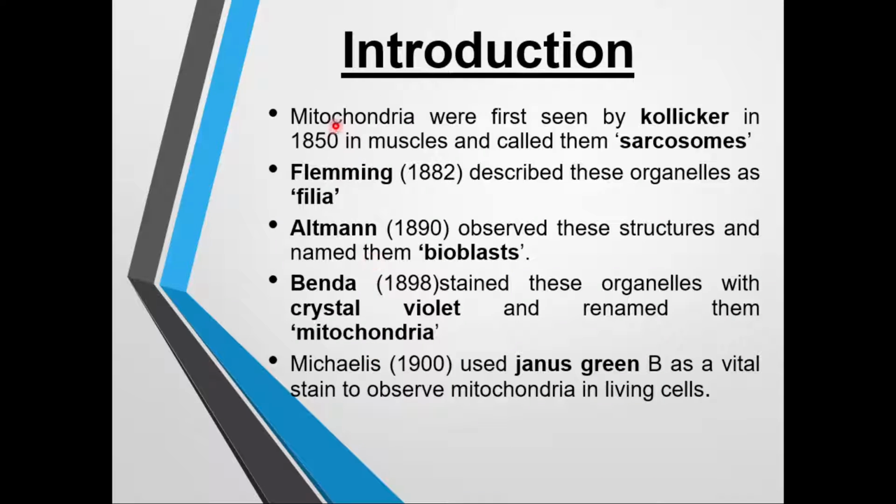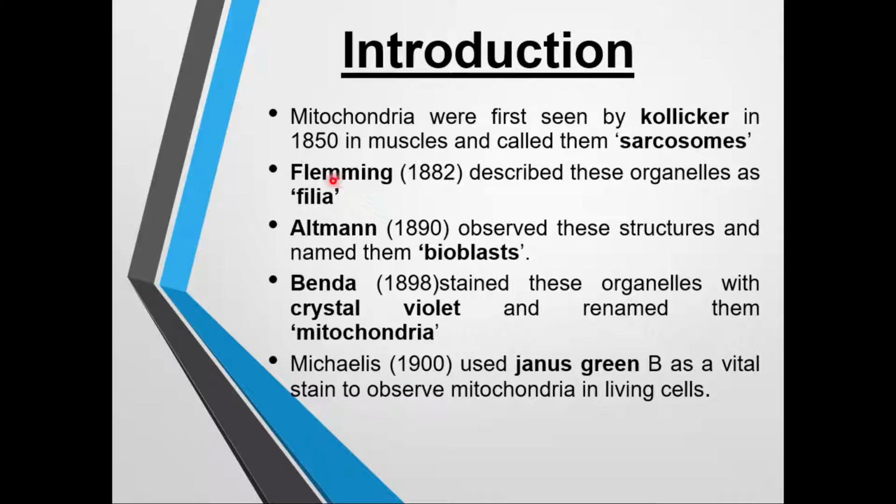Introduction. Mitochondria were first seen by Sawalkar in 1850 in muscles, and he called them sarcosomes. After that, Fleming in 1882 described these organelles as philia.